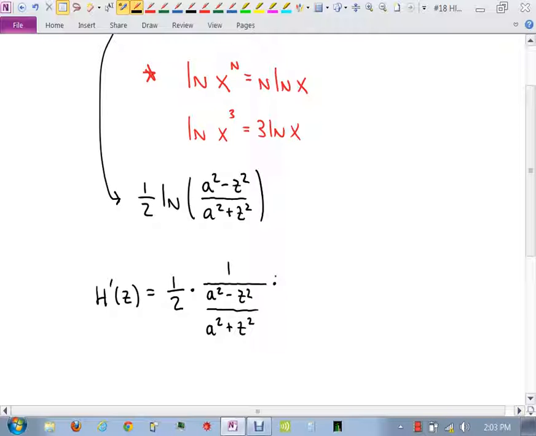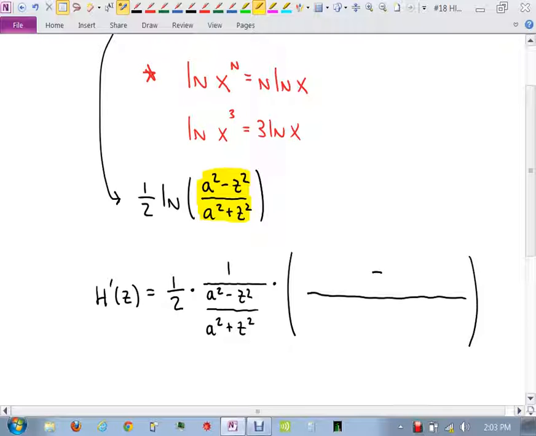Okay, times what? The quotient rule on the junk, right? So here comes my quotient rule on the junk. I'm already setting up my quotient rule right here. Remember that what we're trying to take derivative of, I just highlighted in yellow, is the quotient rule on that.